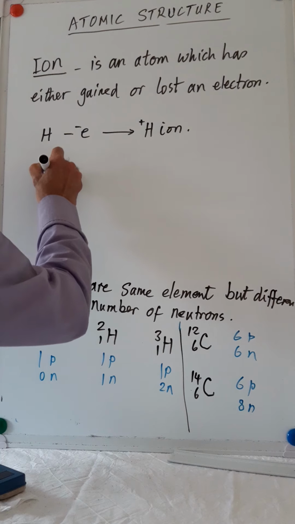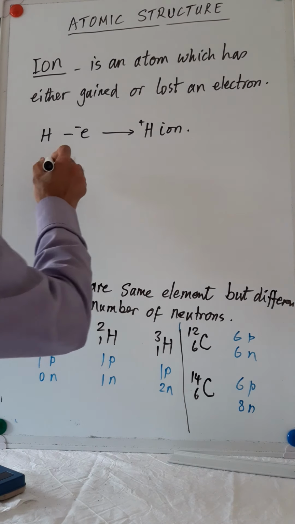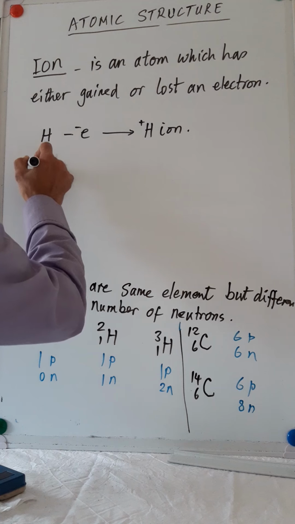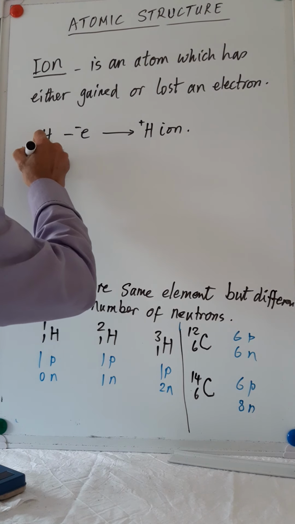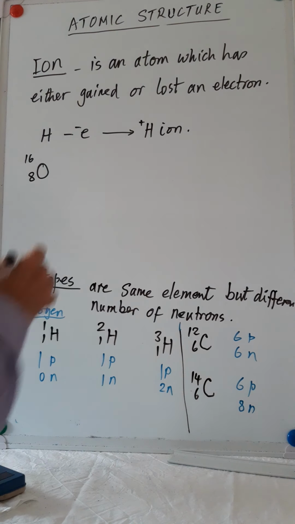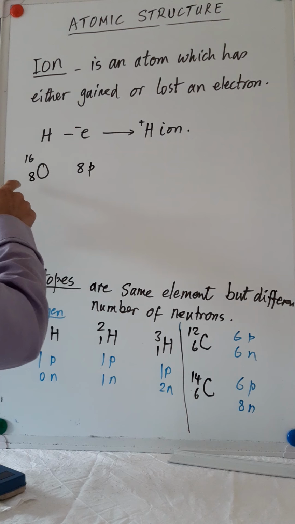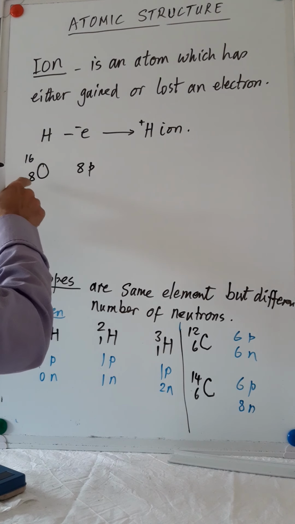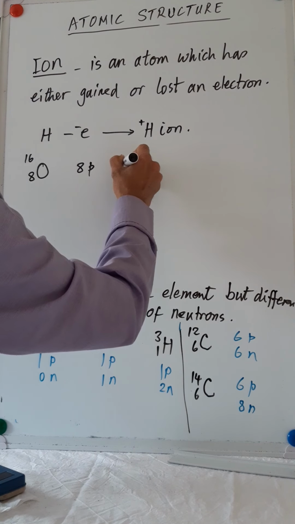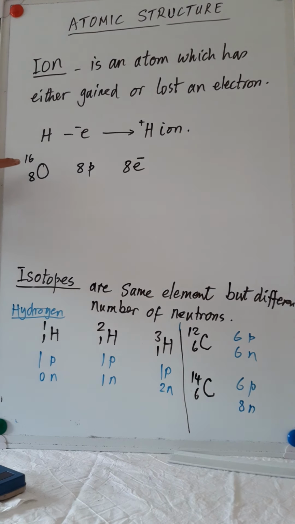Take oxygen, for example. Oxygen is normally 8 16. It's got 8 protons, and there are 8 electrons to balance it.